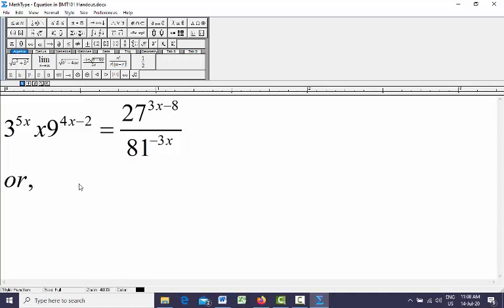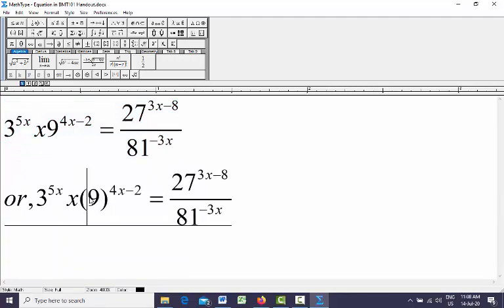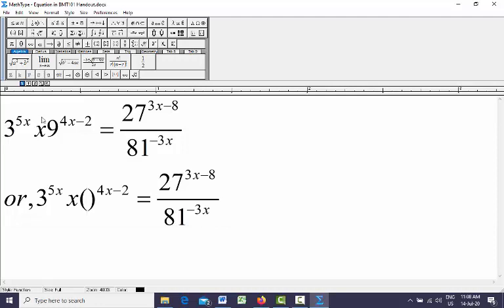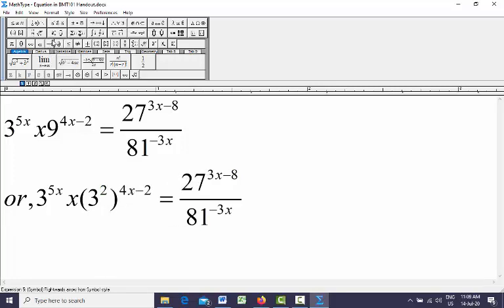So here we can write it like this. This one can be written as 3 square.